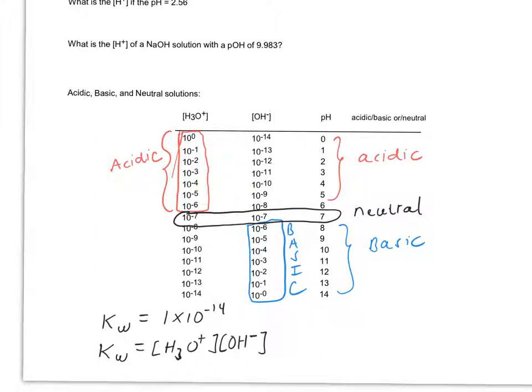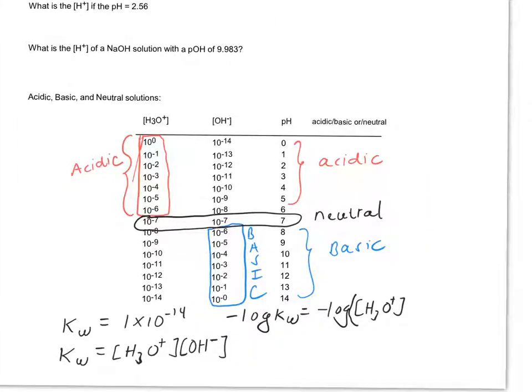Okay, so if we look at this carefully and we take the negative log of both sides, we'll get negative log of Kw is equal to negative log of your hydronium concentration times the negative log of your hydroxide concentration.